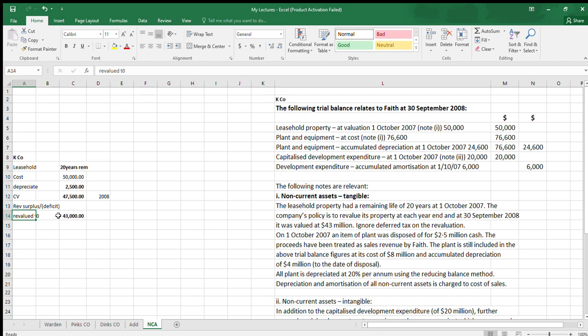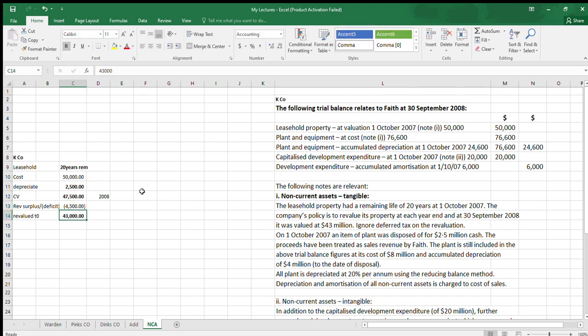Now you find the difference. The difference is going to show whether it is a deficit or a surplus. The carrying value was 47,500 and it was revalued to 43,000, meaning that it was revalued downwards. So there's a deficit, equal to the revalued amount less the carrying value.